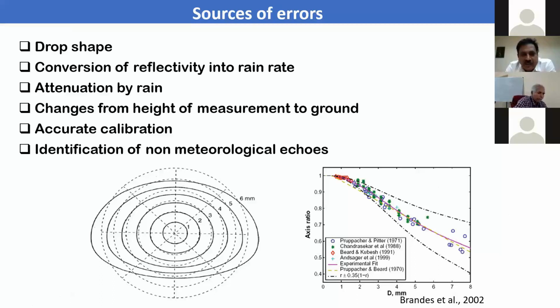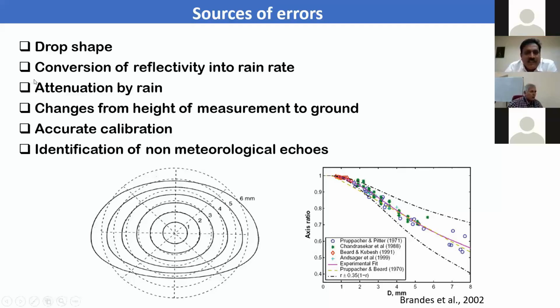But if the drop size increases, it becomes a spheroid like this. Then if you use horizontal polarization, you will get a very strong backscatter because of your increased cross section, much more than the equivalent sphere will give. So you will overestimate the rainfall. This is the problem with single polarization radars.